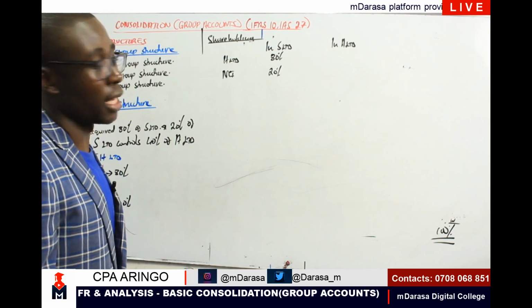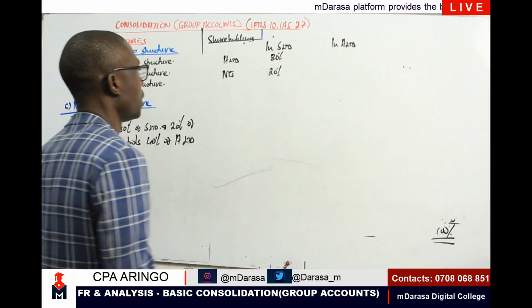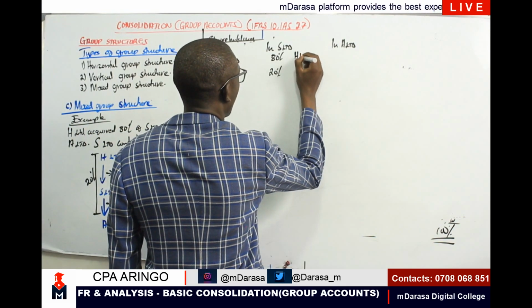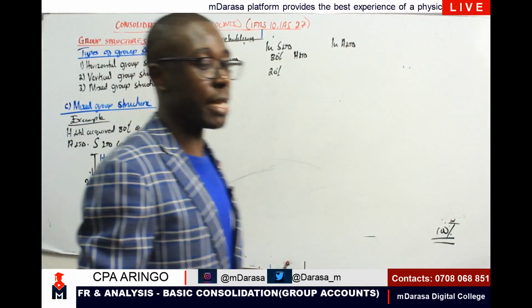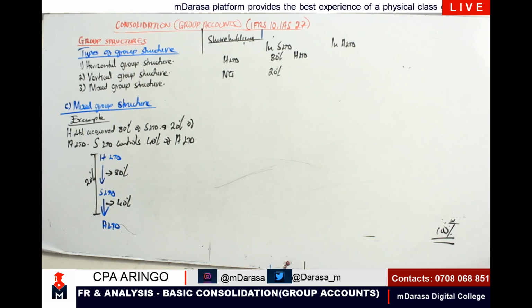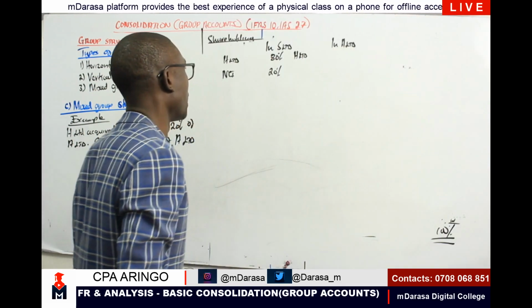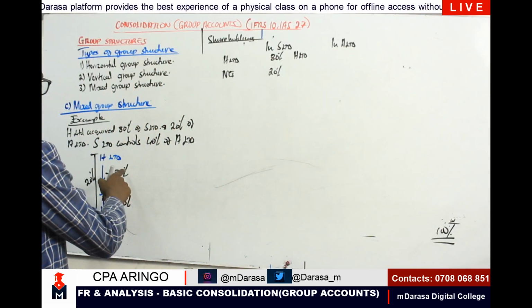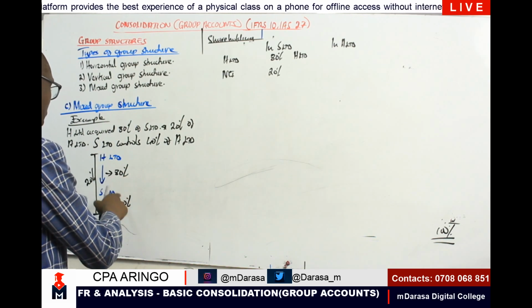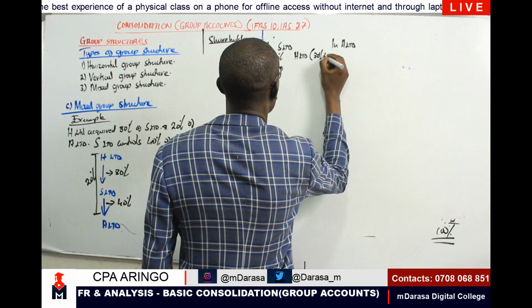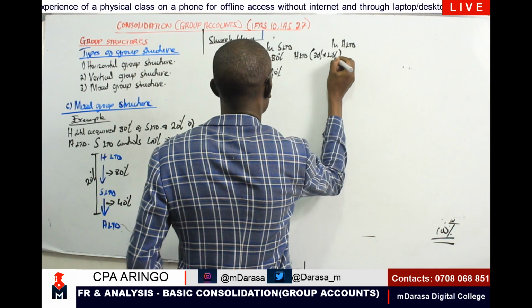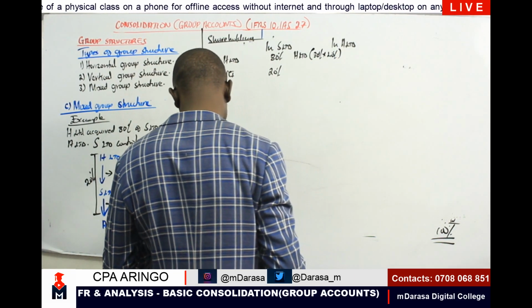What about in A, my good students? In A, you'll find that for H Limited, we're having both direct and indirect control. How will indirect control come to be? Indirect control will come to be in this case, whereby H is owning 80, and S is owning 40 on the other side. So talk about 80% by 40%.